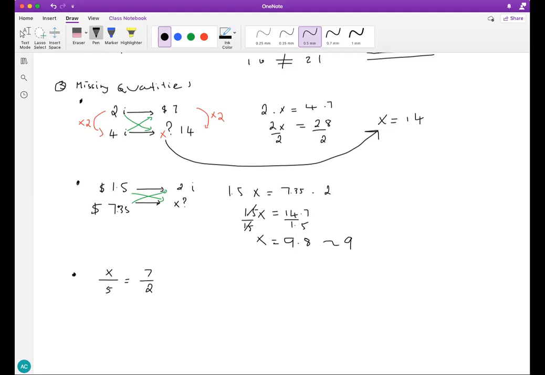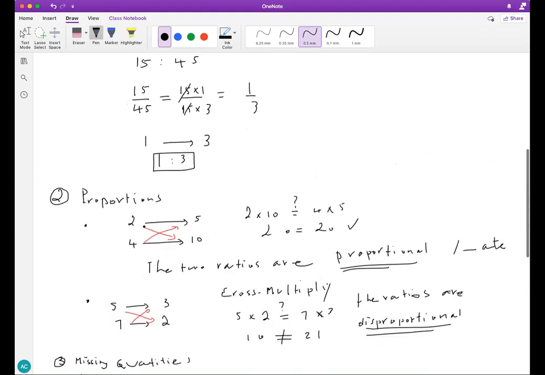Another way of writing proportions is you can say 1.5 over this is equal to 2 over x. It's the same thing. This one is written as ratios, and this one is written as fractions.